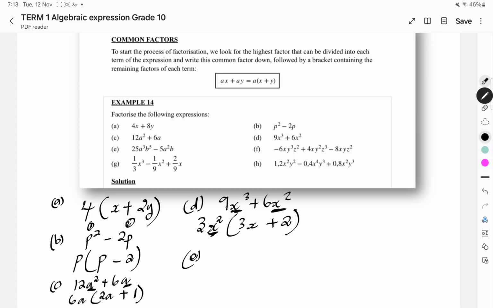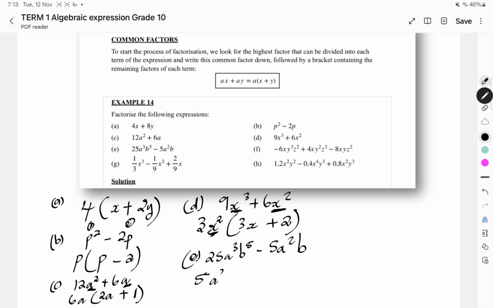Number E, we have 25a cubed b to exponent 5 minus 5a squared b. Let me write it here. I need to look for something that is common between the two terms. What is common here? It's 5, in terms of the numbers.